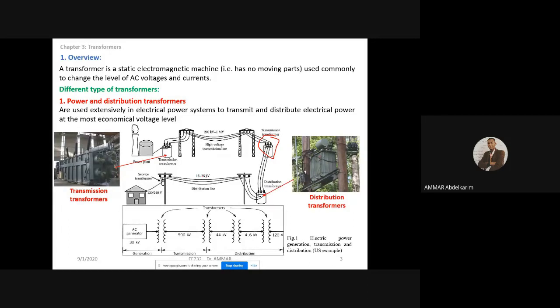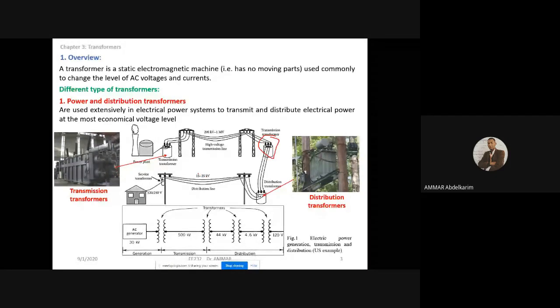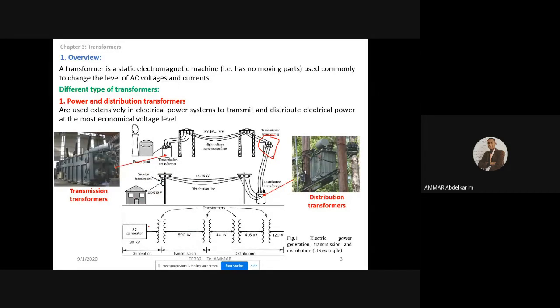Here in Algeria, we may find different levels of voltage and current. After that, we will have service transformers that transfer the electric energy to the consumers. And the figure below concludes this cycle.